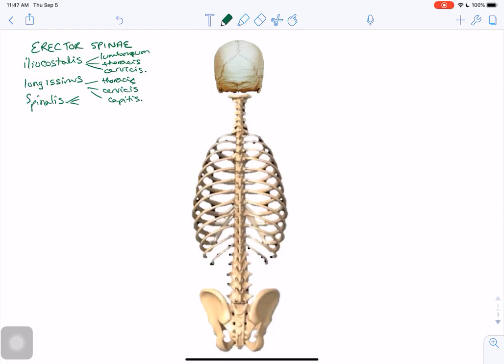Being an intrinsic muscle of the back, the erector spinae, like all intrinsic muscles, is innervated by dorsal rami of spinal nerves. It is not the most superficial of the intrinsic muscles of the back.